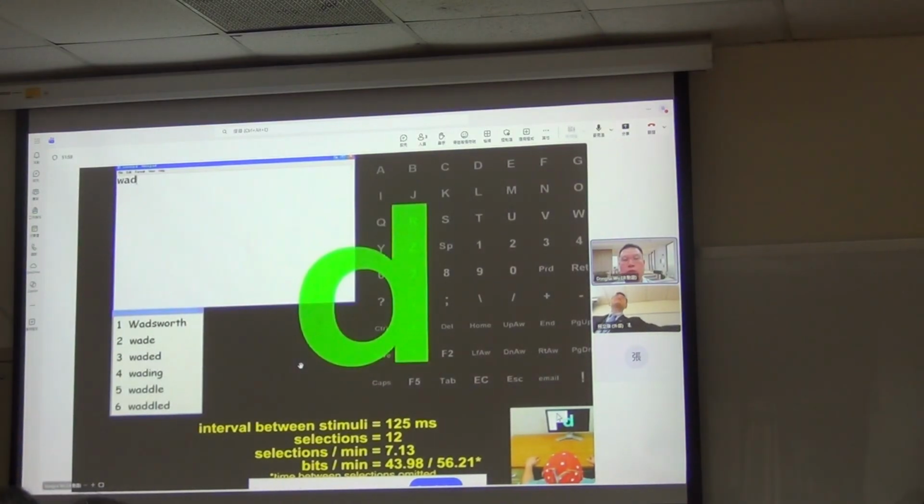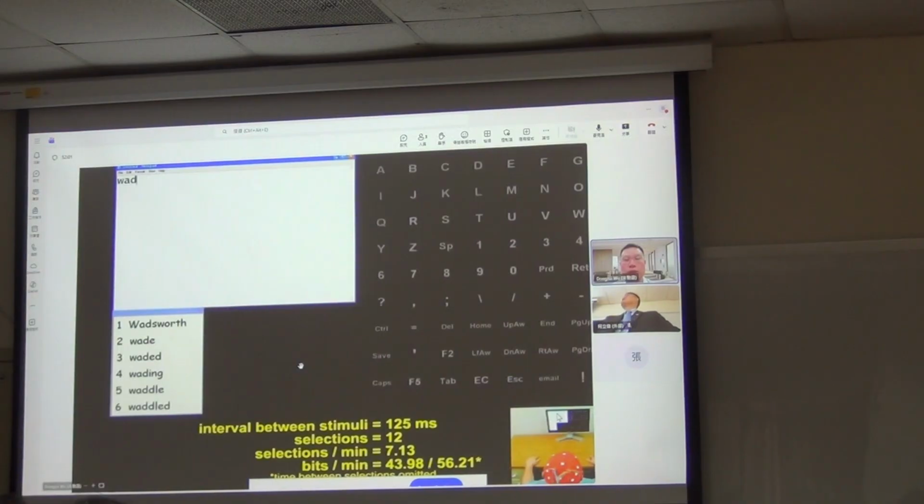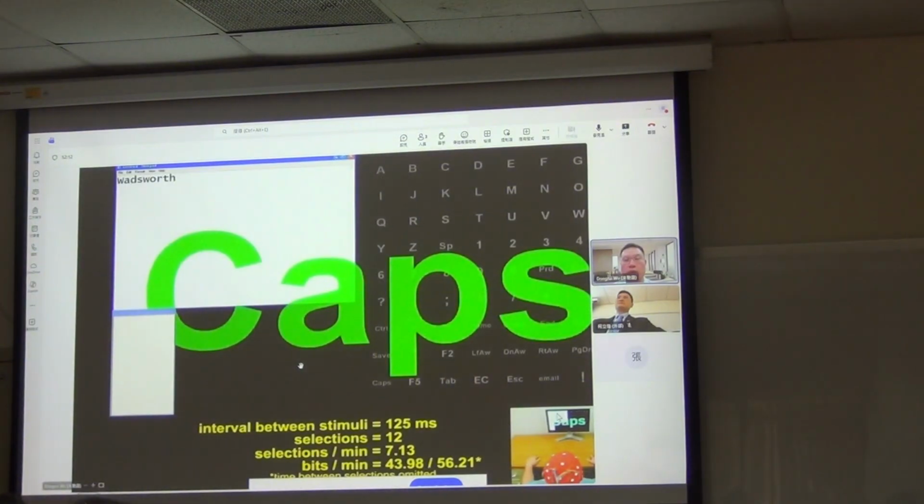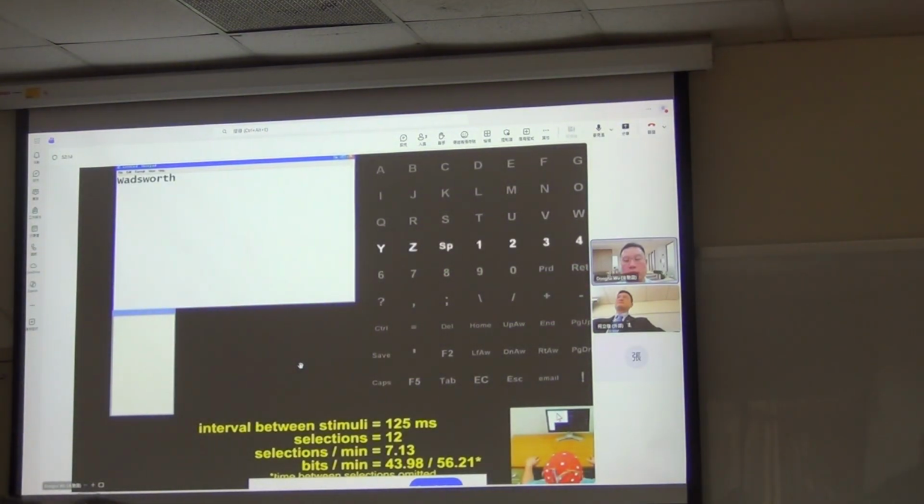We determine which row and which column induces that EEG signal, and then the intersection will be the character the user wants to input. Generally, this paradigm is slower than SSVEP-based spellers, but it is also a feasible way for text input.